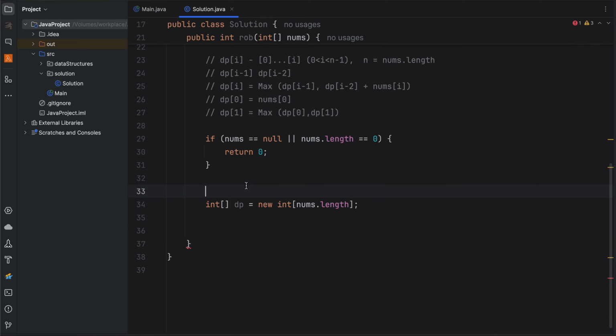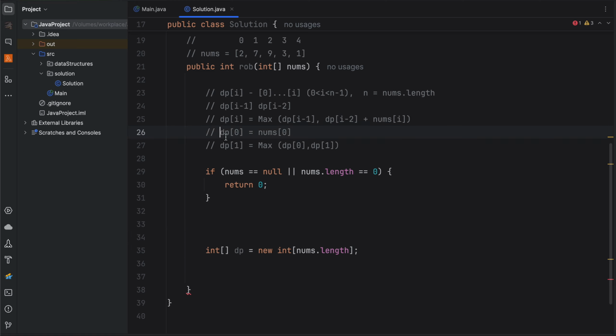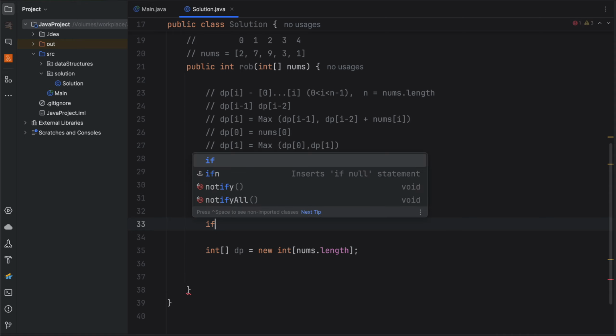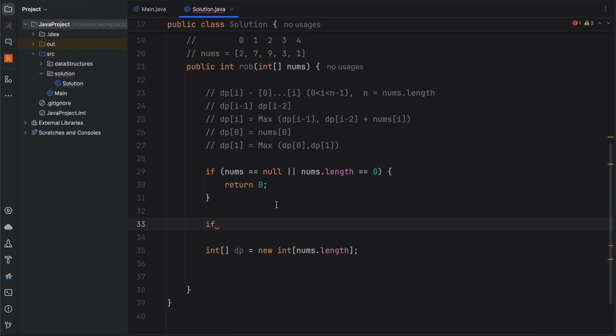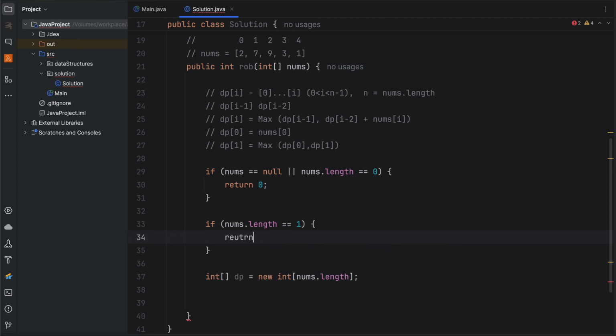Okay, so that's the first check, and then we need to check two more things, for these edge cases: when there is one house and when there are two houses. If nums.length is 1, then we can simply return whatever amount of money is in that single house, nums of 0.